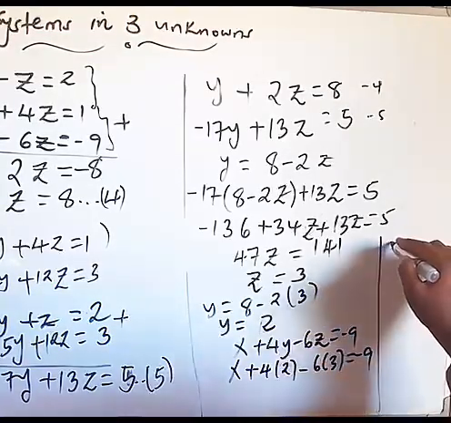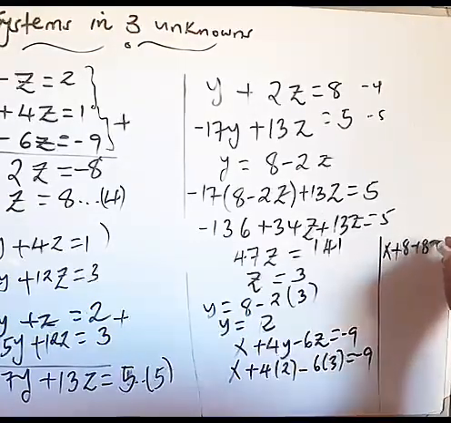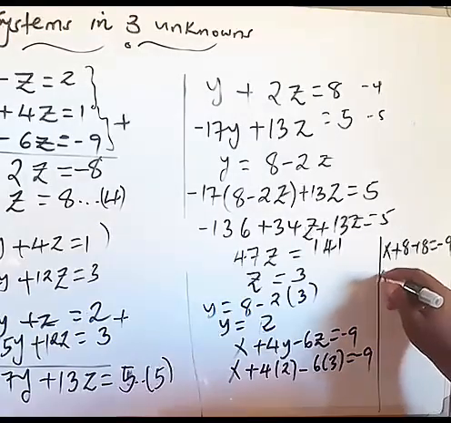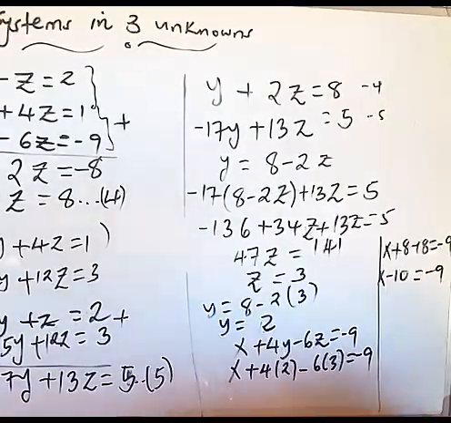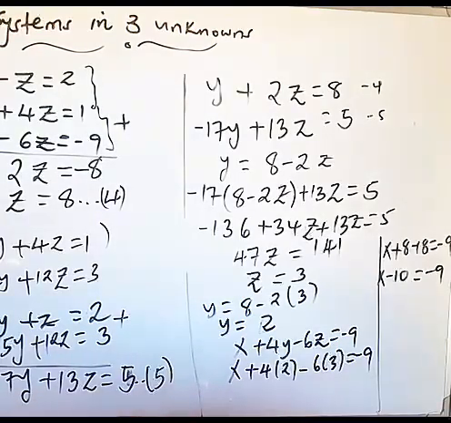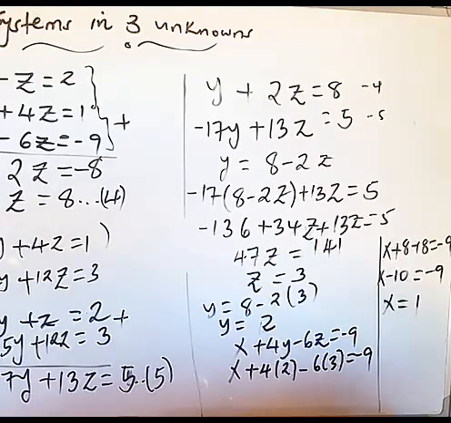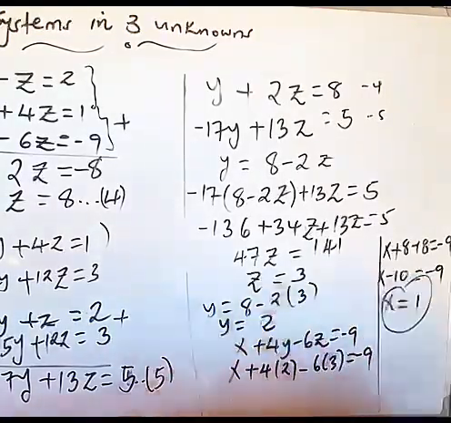Therefore, x plus 8 minus 18 is the same as negative 9. This is x minus 10 equals negative 9. If you add 10 on both sides, we get the value of x as 1. So we have x as 1, y as 2, and z as 3.